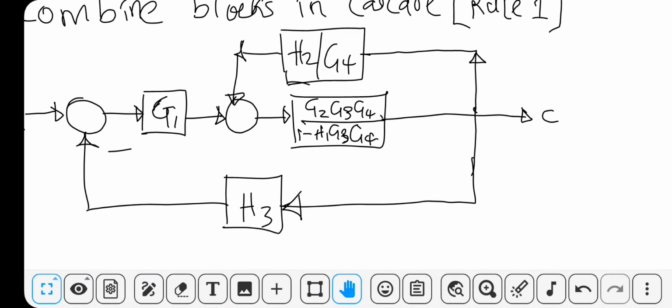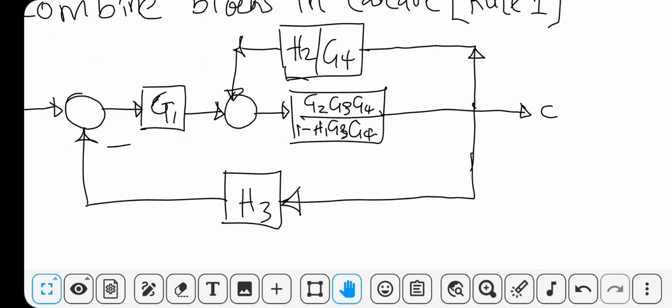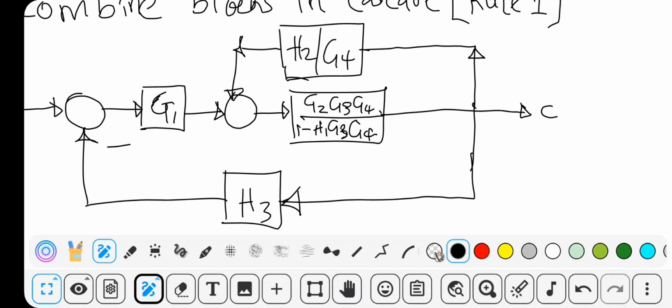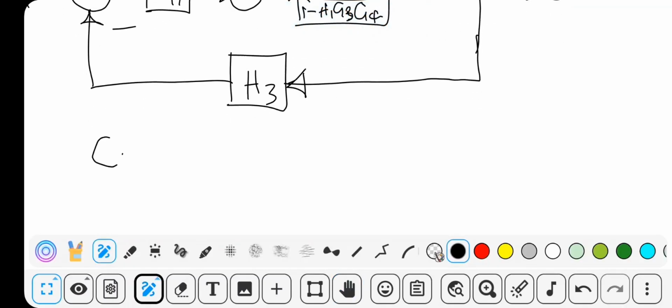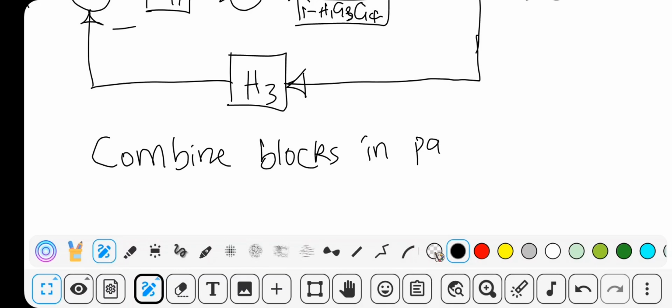The next rule I'm going to apply, since these two blocks are in parallel, is to combine blocks in parallel, rule 4.